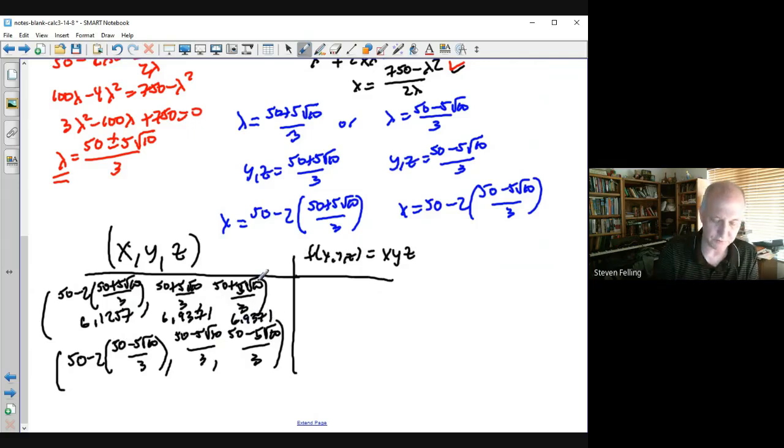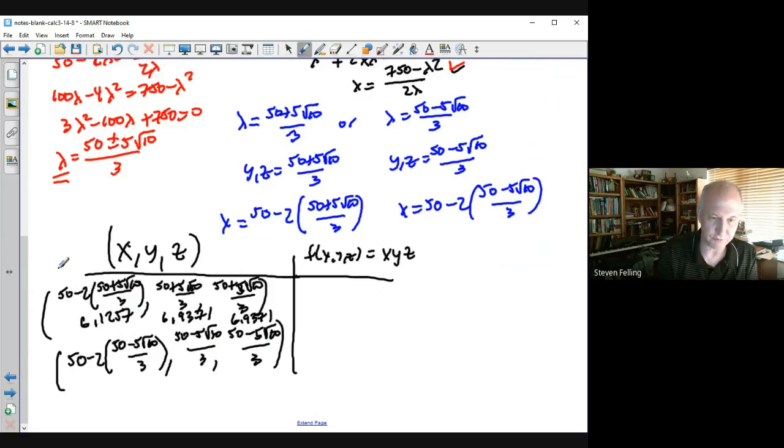Okay, the other version, 50 minus 5 times the square root of 10, and then divided by 3 times 2. 50 minus that number gives me, wait a second, is that right? 50 minus 5 times the square root of 10 divided by 3, okay, times 2.